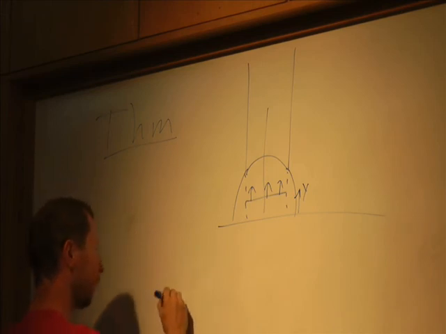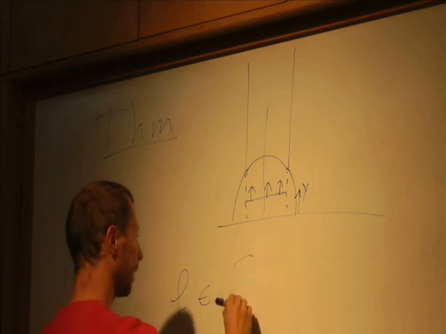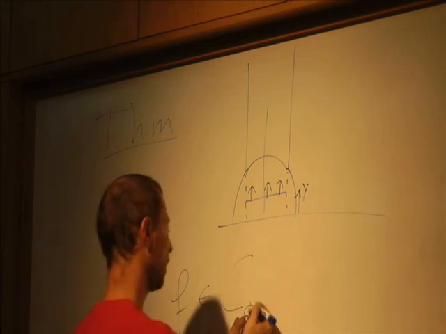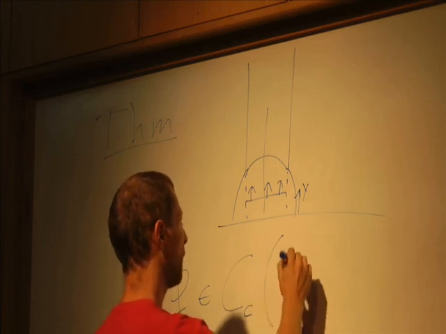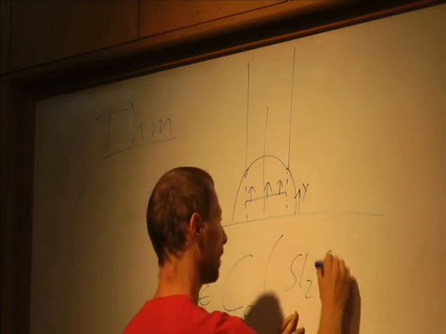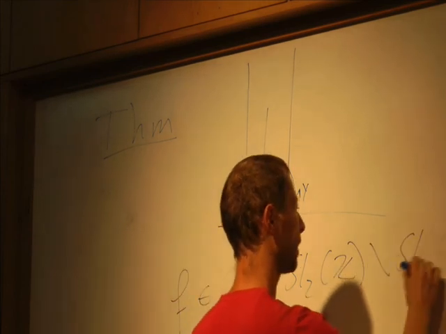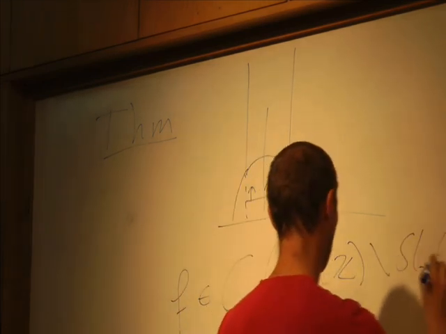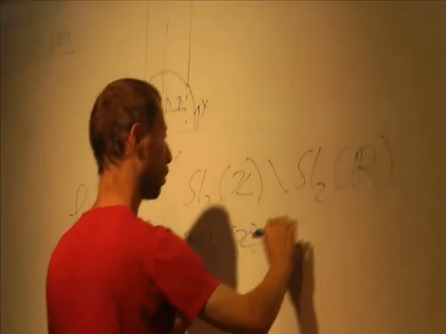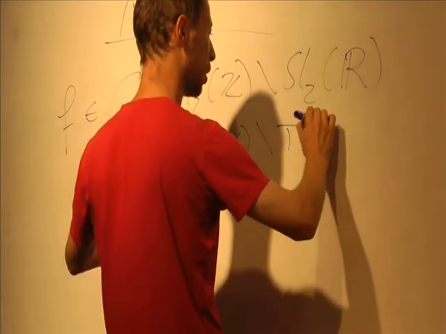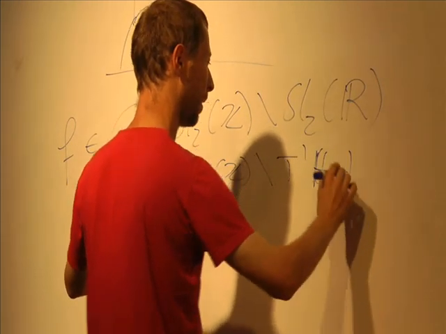I have a function f, which is a function of continuous compact support on the space, which is SL2Z quotient by SL2R, or I could also say PSL2Z quotient from T1H, right? Same thing.